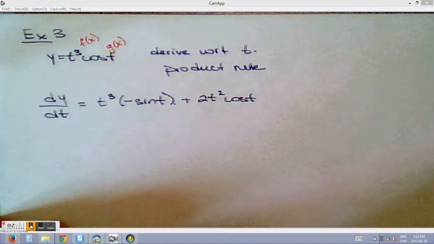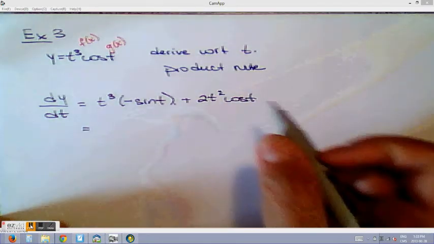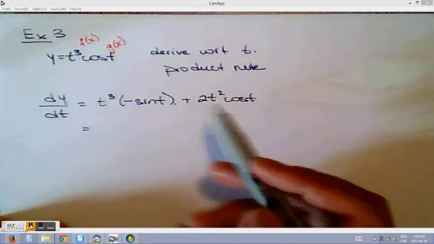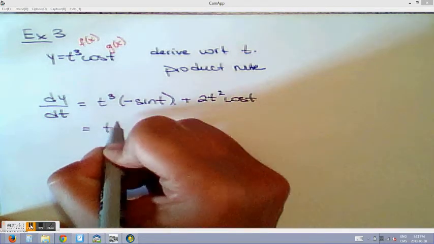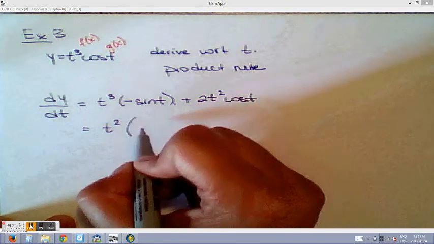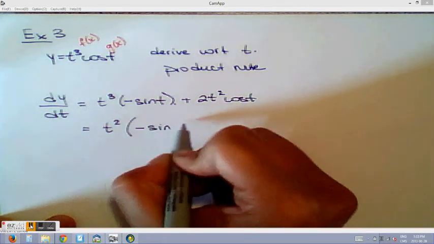There we go. Okay, so let's make this look a little bit nicer. Let's just go ahead and factor out what we can, which is t squared. Okay, I'm just going to do this step by step so that you can see.